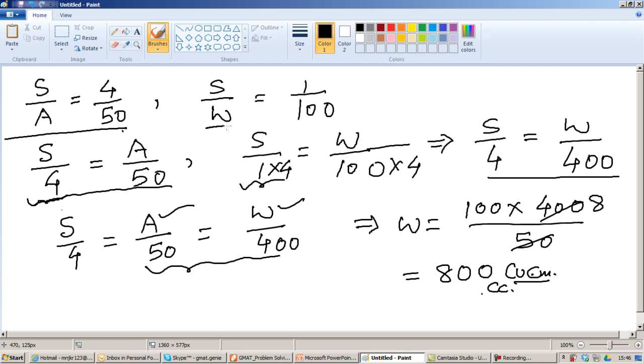There are two unknowns, that is S and A, having corresponding values 4 and 50 in terms of ratio, right? So if you equate them, you can get a 3 by 3 ratio expression. The way I have done it, in a similar way, you can combine or break up a ratio into larger ratio proportion values.